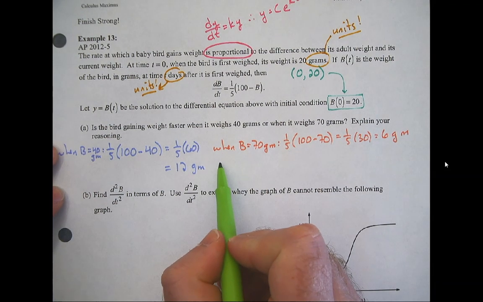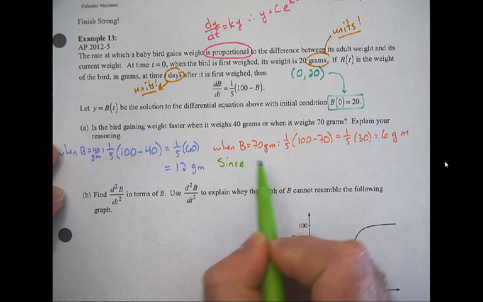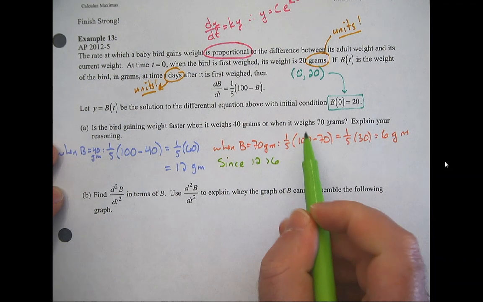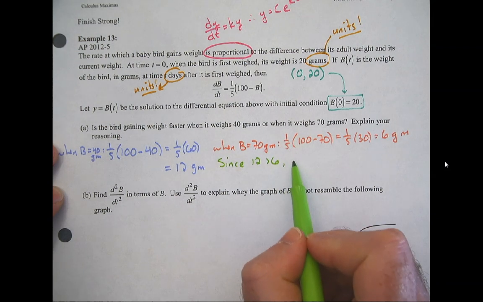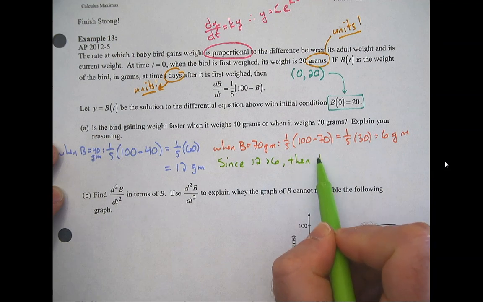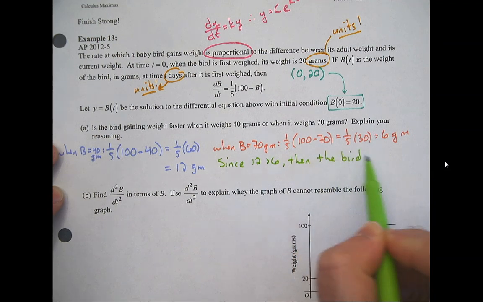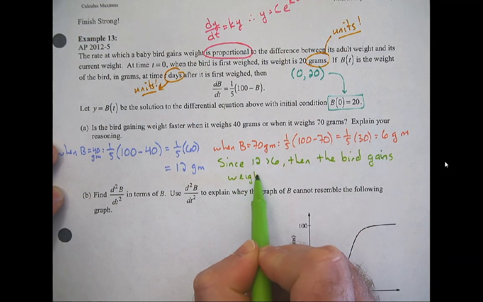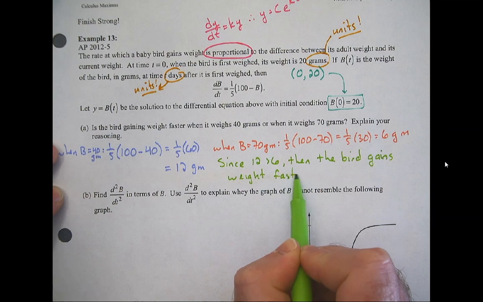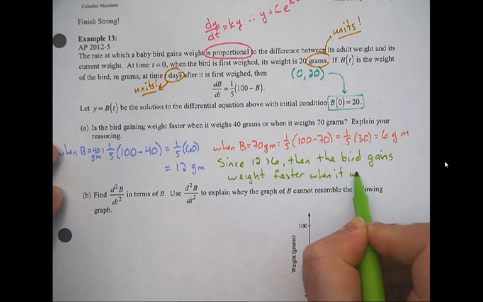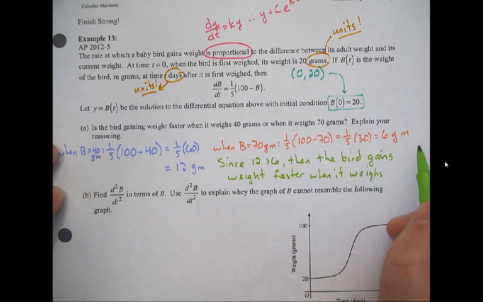Let's try something like this. I'm hoping for something like this. Since 12 is greater than 6, nothing too fancy, then the bird gains weight faster when it weighs 40 grams.